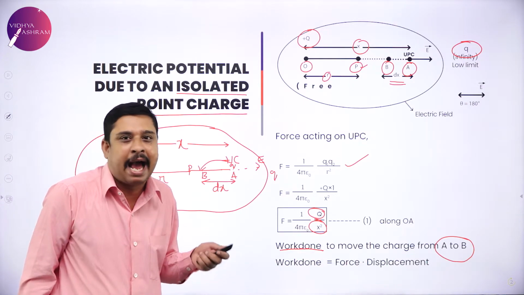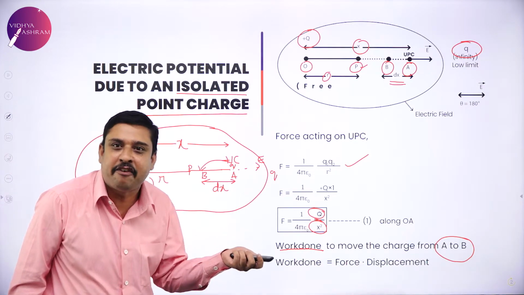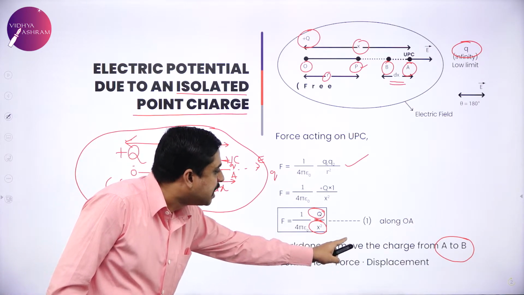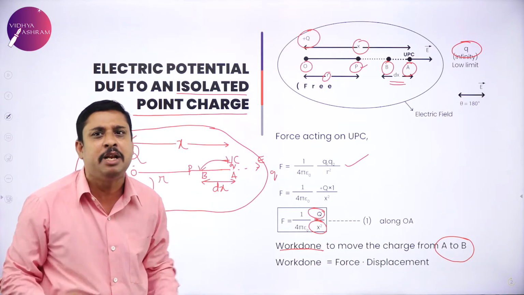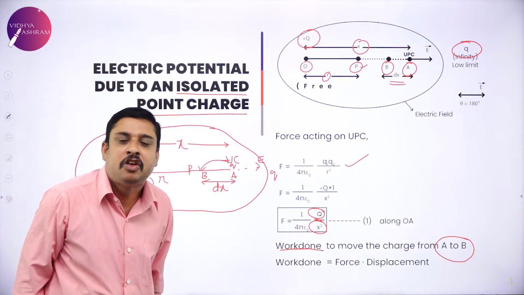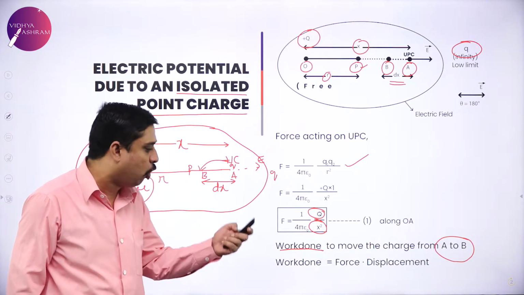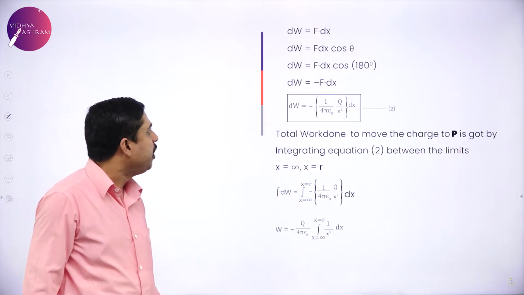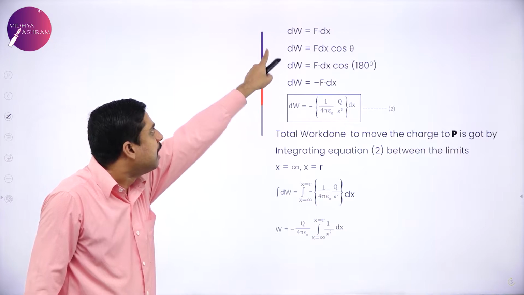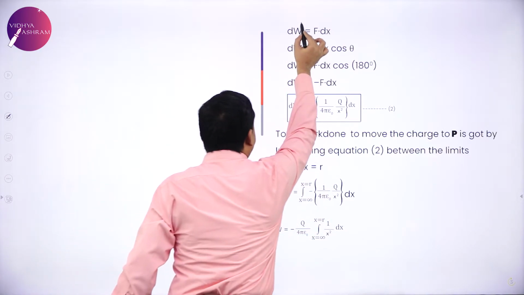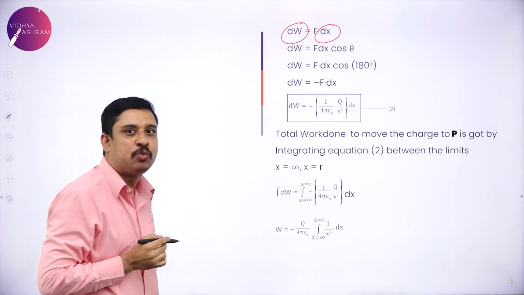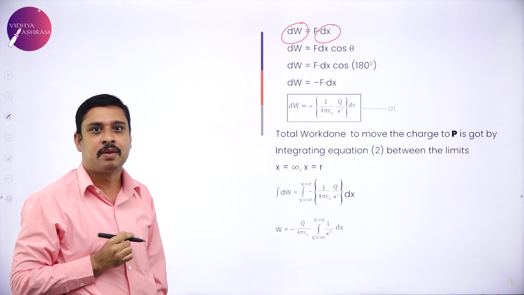In first PUC, I have studied the mechanical definition of work. So work done is force into displacement. Work done is defined as F dot S, force into displacement. Continuing further, that work done I have indicated as dW and the displacement is dx.